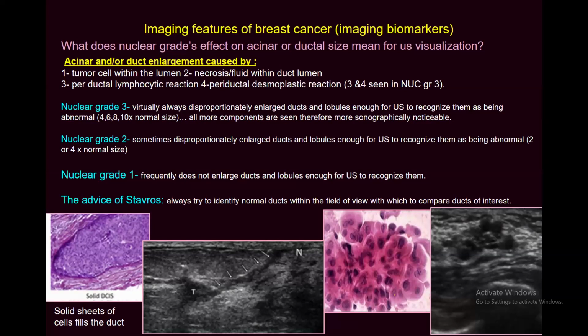And in intermediate or low grade, it might be visualized because the enlargement is a little bit less than in high grade. He mentioned that the high grade can be enlarged compared to the normal by a factor of 4 to 10, while in the intermediate grade it will increase by a factor of 2 to 4.